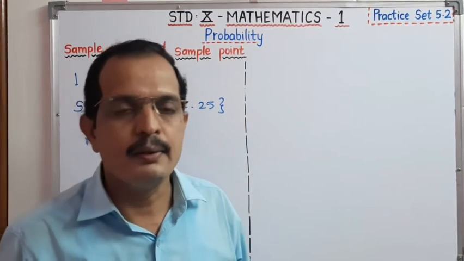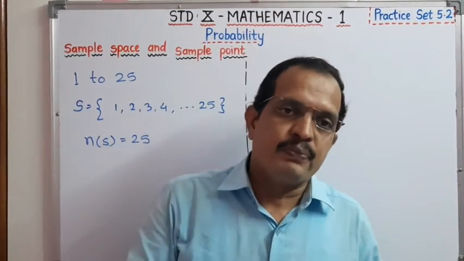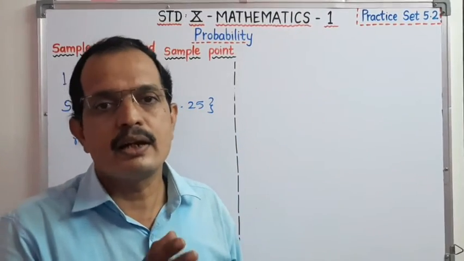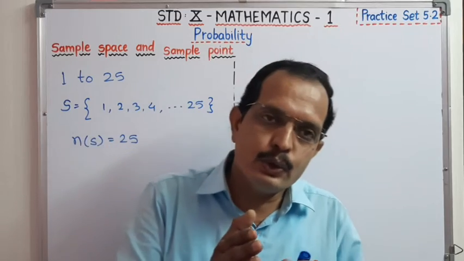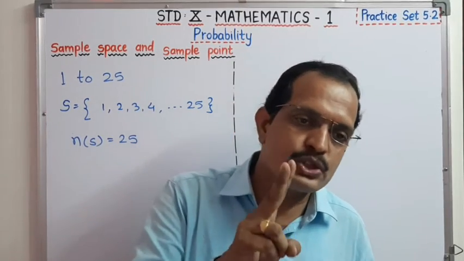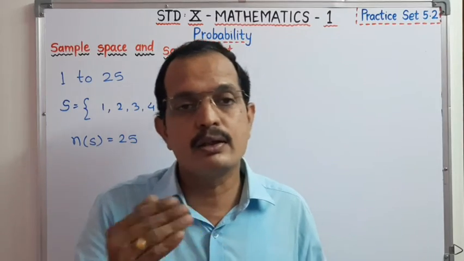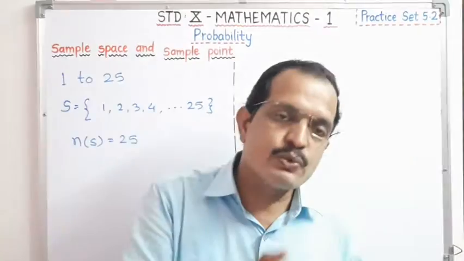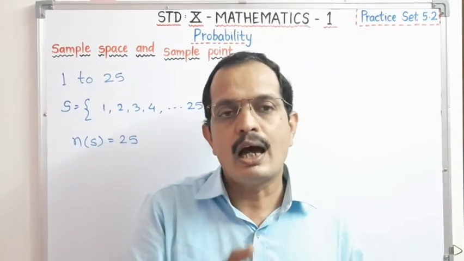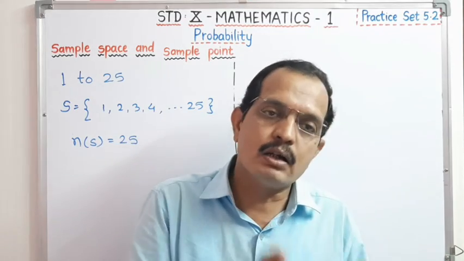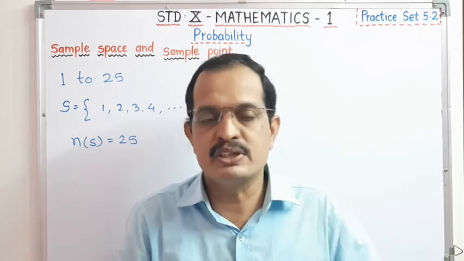Then these 26 red cards are divided into two groups according to their shapes. In red there are two shapes, one is diamond and another is heart. That is, these 26 red cards are divided into 13 cards of heart shape and 13 cards of diamond shape.